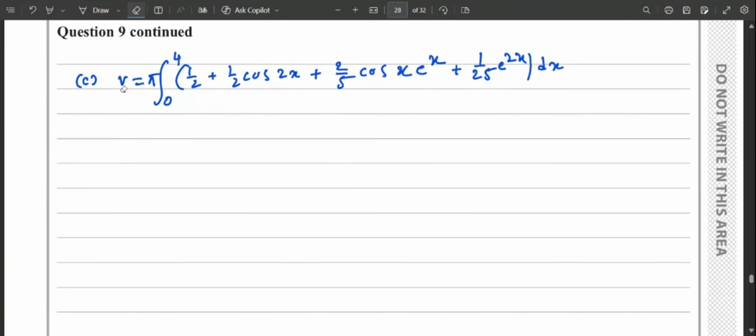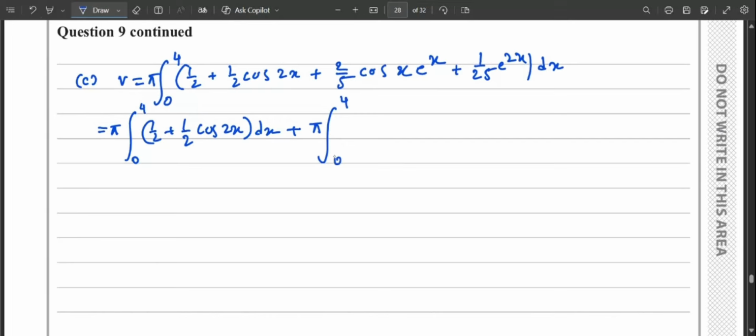To integrate this function, we have to integrate each part individually. So I can write the integration of this whole expression as pi times the integration of half plus half cos 2x dx, plus pi times the integration from 0 to 4 of 2 by 5 cos x e to the power of x dx, plus pi times the integration from 0 to 4 of 1 by 25 e to the power of 2x dx.